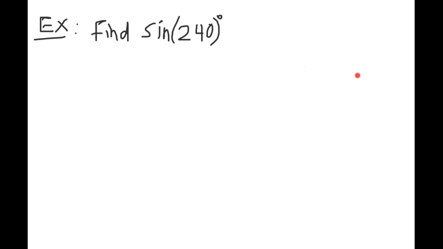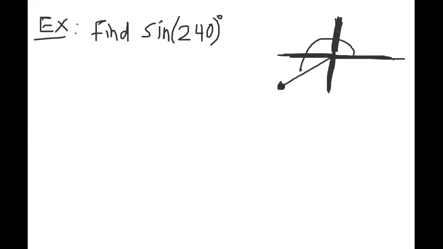So the angle 240, if we look at the angles, this is 0, this is 90, here is 180, here 270, and here is 360. So actually the angle 240 is on this side, starting from here and stopping in the third quadrant.